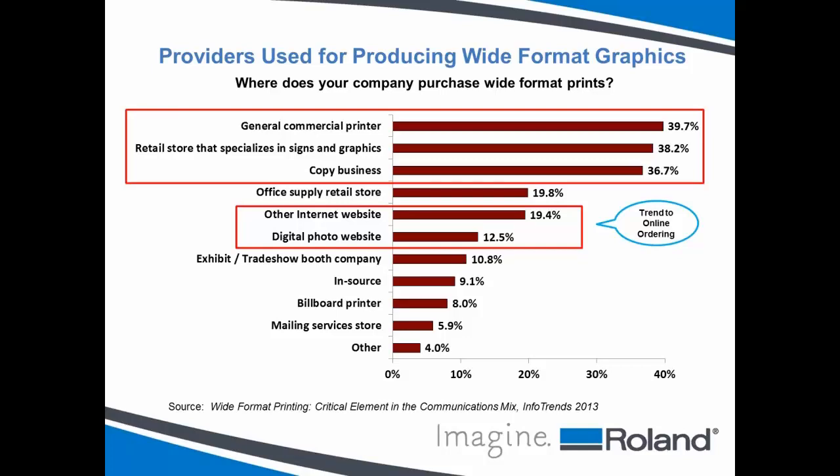In two short years, you can see it's fairly neck and neck, with general commercial printers actually outweighing the specialty sign shop now, by just 1.5%. And then also the copy business, your quick printers. So people in the commercial print industry are already implementing this, and it's a great way to add to your portfolio. Another interesting note on here, and I'll touch on something later on when we go through our resources and I show you on our website.